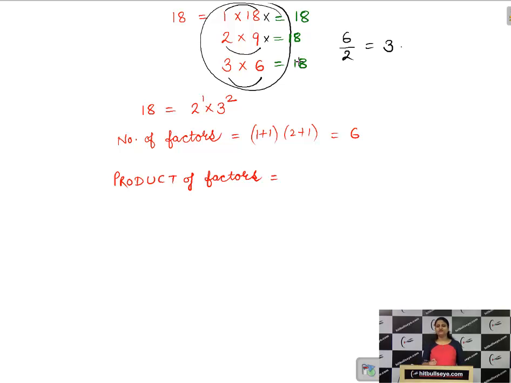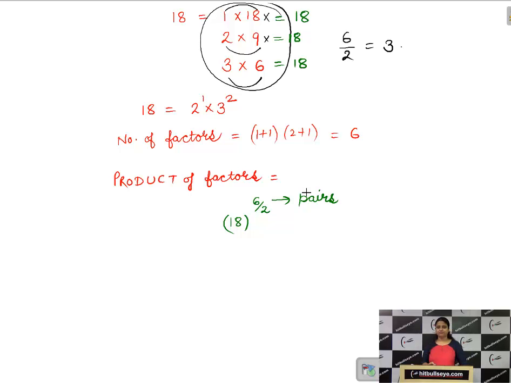So instead of calculating all the factors and then multiplying them, it's better you take them pairwise, you multiply them, and we know that in every multiplication we are getting the same number 18. So it becomes number itself, 18, raised to power total number of factors divided by 2. That will correspond to pairs.